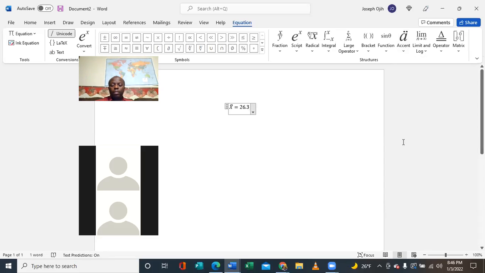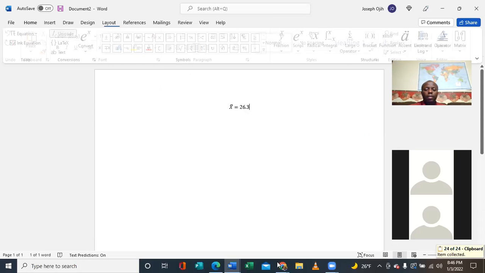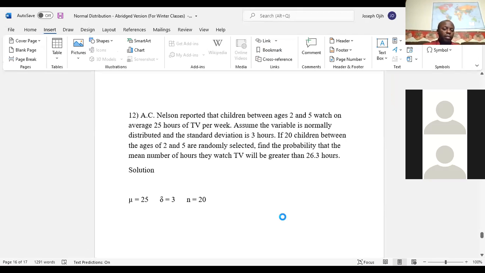I'm going to copy this and put it in. See, S bar, that's how it looks.